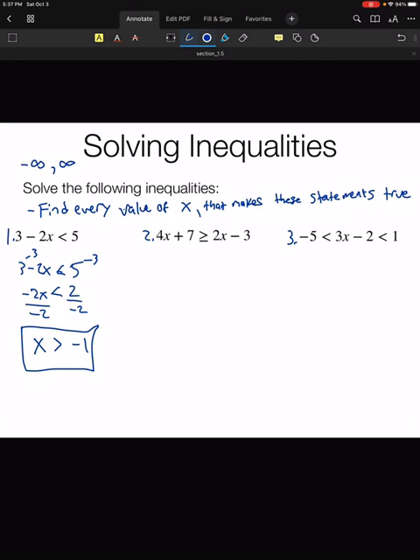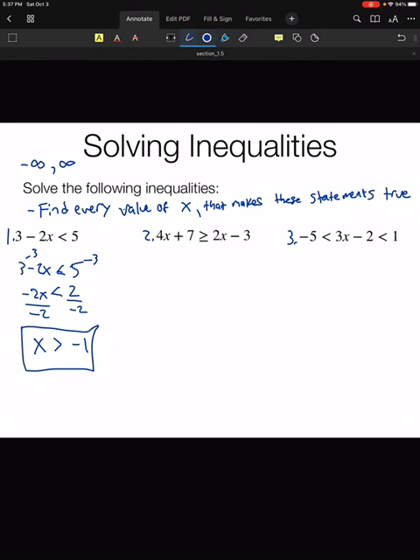What about something like 2? Okay, 2 times 2 is 4. 3 minus 4 is negative 1, and negative 1 is definitely less than 5. So it looks like, I've picked a couple points. It looks like it worked. Okay, I can also try what if the number is less than negative 1.